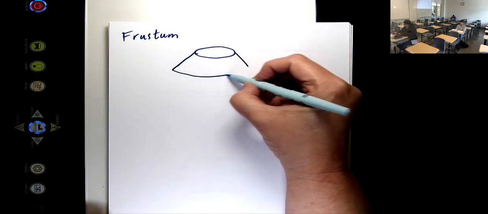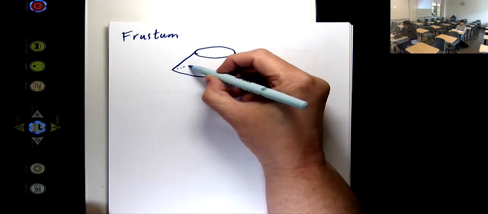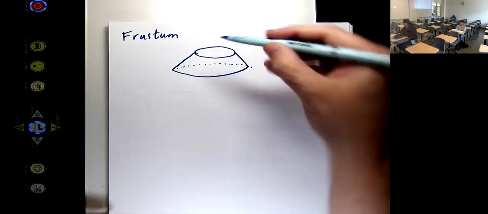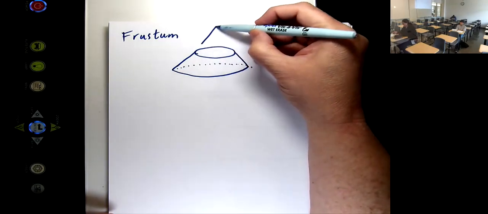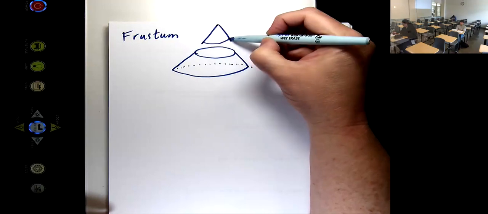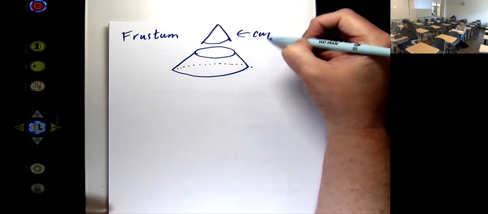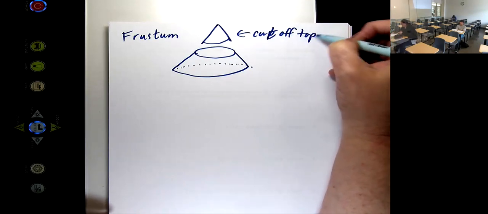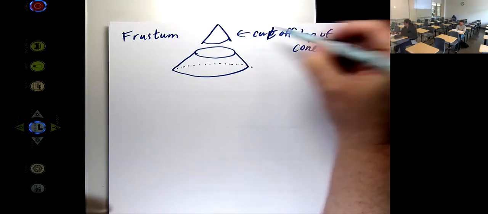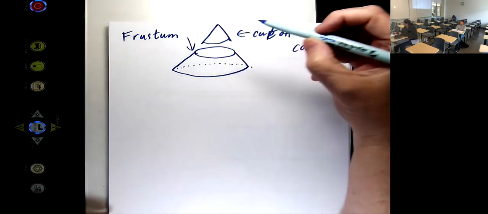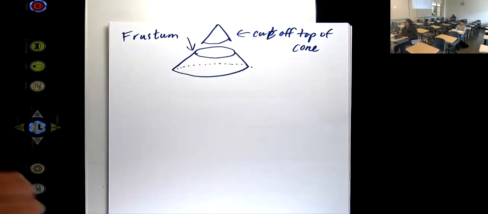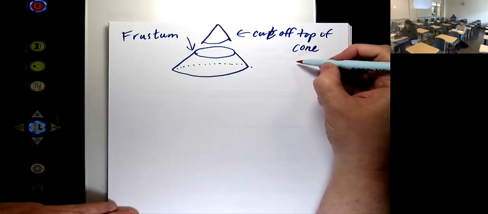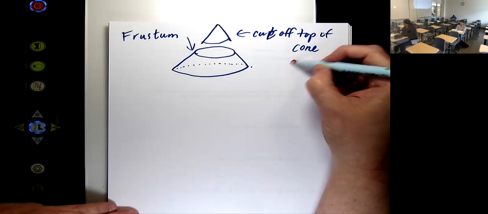There is a circle on bottom. This is the cutoff cone from above. It's cut off the top. So that piece is the frustum. It looks a little like a UFO, you're right.